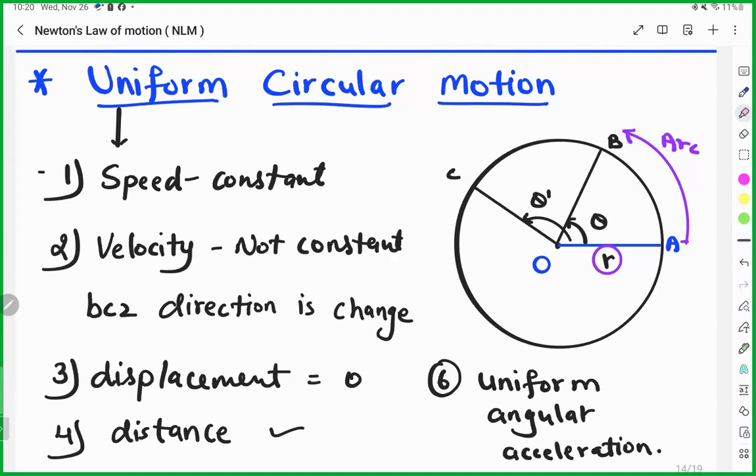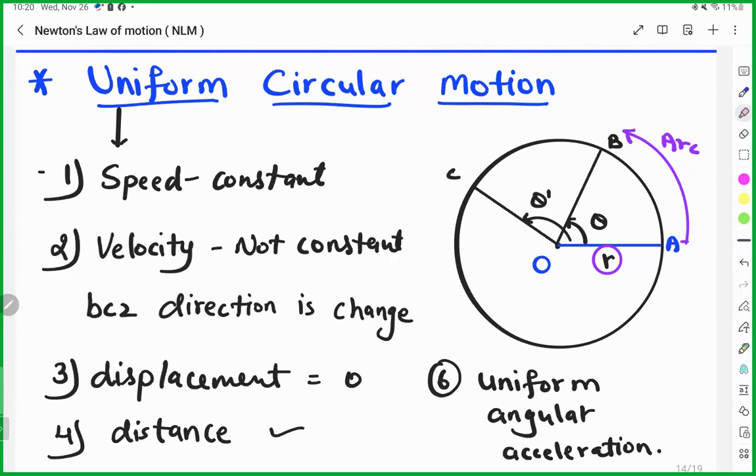So Radhika, if displacement is zero in this case, then what should we talk about? Sir, if displacement is zero, then the velocity is not constant. Velocity is not constant, but actually velocity is constant in magnitude, while direction is continuously changing. Velocity is a vector quantity, so velocity is continuously changing.